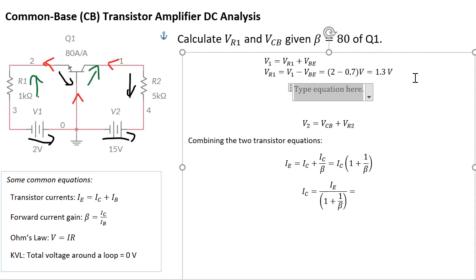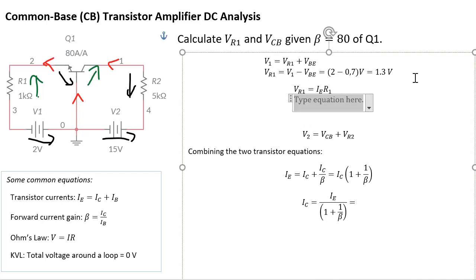VR1 is also equal to IE times R1. That's what VR1 is. So therefore, I can write 1.3 volts is equal to IE times 1 kilo ohm.